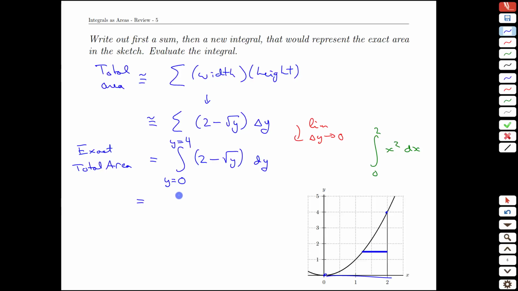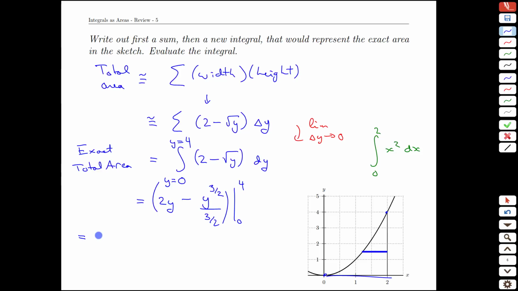If we integrate a 2 by itself and y is our variable, you have to be consistent with your variables here, we're going to get 2y. This is y to the 1/2. When we integrate it, we're going to add 1 to the power. That gives us 3/2. And then we're going to divide by the new power, which is also 3/2. And we'll evaluate that between the points 4 and 0.